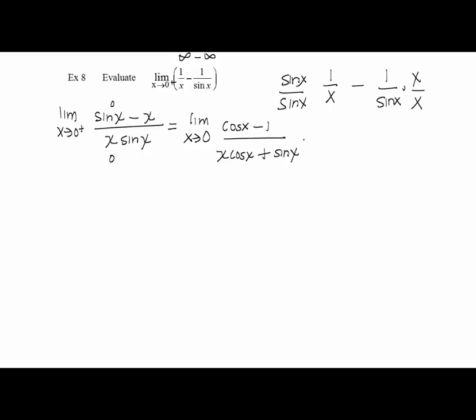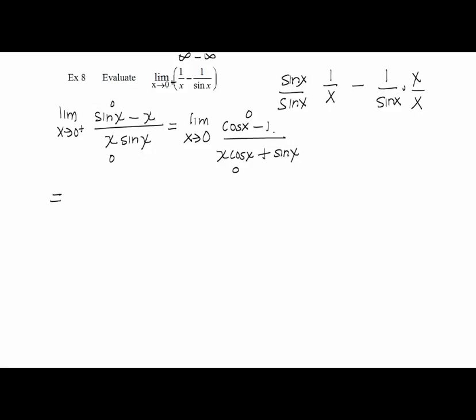At this point, we substitute: the cosine of 0 is 1, so 1 minus 1, I get 0 in the numerator. 0 times the cosine of 0 is 0, plus the sine of 0 is 0. So I end up with 1 minus 1, which is 0 in the numerator, and 0 plus 0, which is 0 in the denominator. I have to use L'Hopital's rule yet another time.